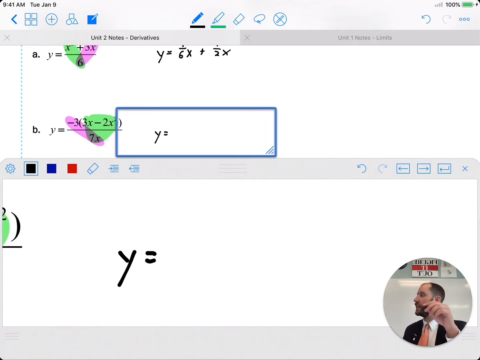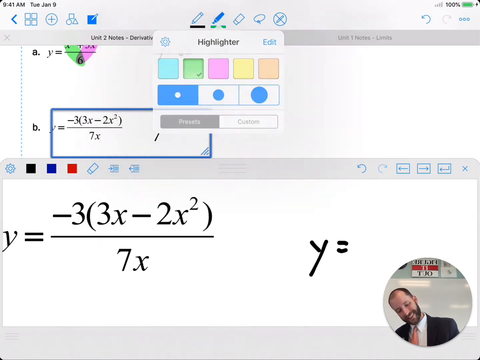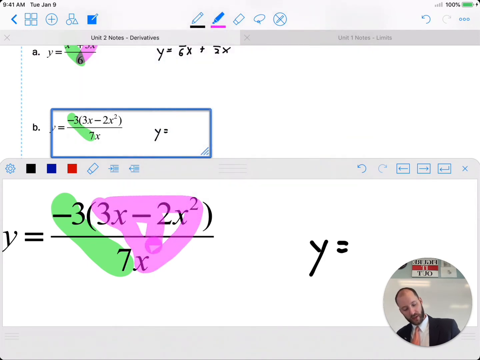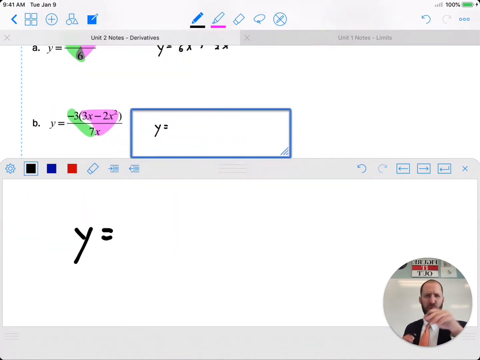So kind of taking it one piece at a time. Well, I'm sorry, you could break it up more. Just check my notes. This 7x, you could break that up as well. So -3 just over the 7. 3x minus 2x squared, all of that just over the x. I thought I could break it more. Check my notes. You can. Alright, good deal.